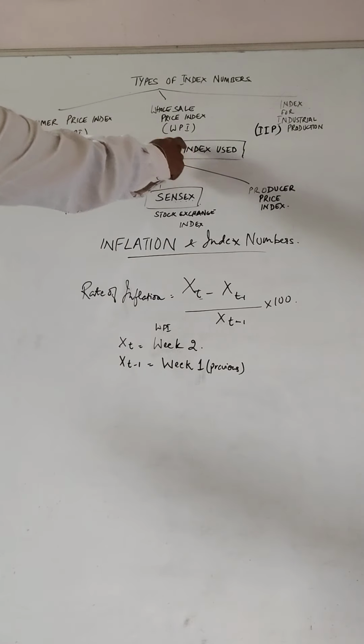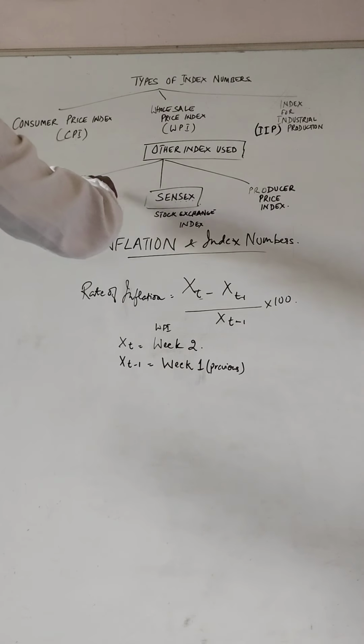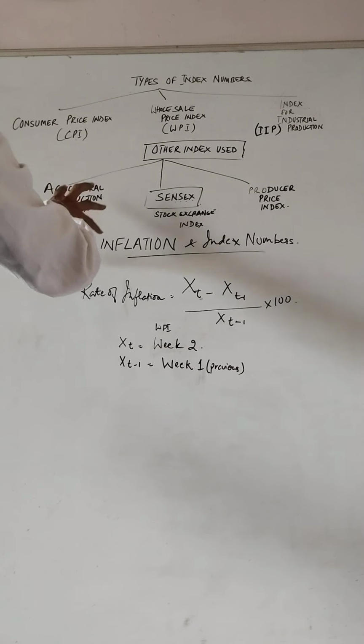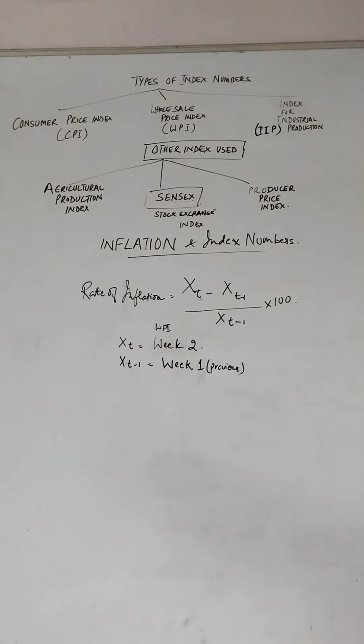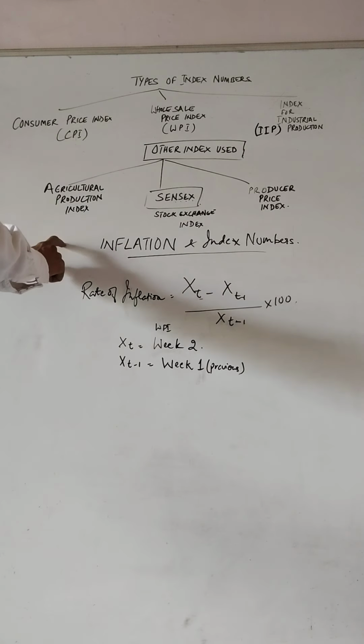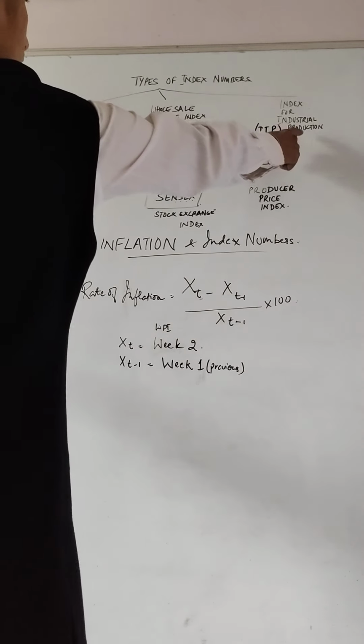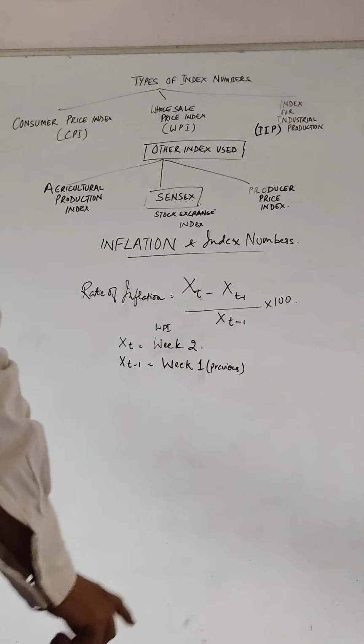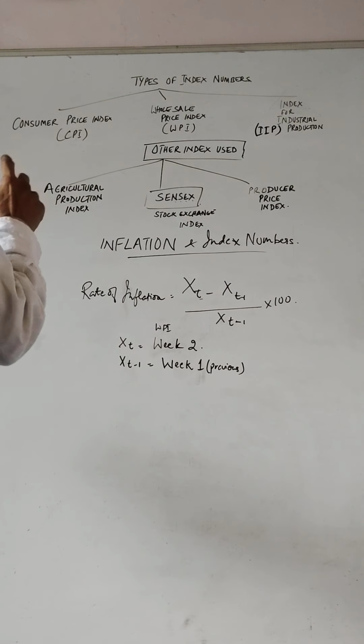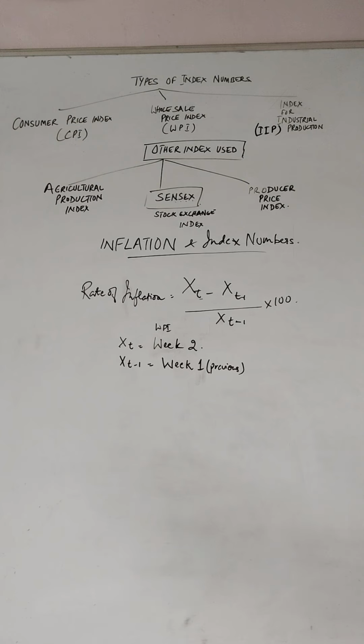Then you can also say the yield for principal crops, which comes under the agricultural production index. Then the index for industrial production, and the index of foreign exchange and foreign trade. And all of these are available in what is known as the economic survey.